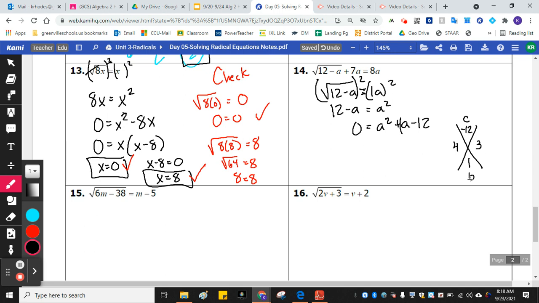One of these has to be negative to add to my positive 1. So the 3 has to be negative. So then in your parentheses, you have a plus 4, a minus 3. Set each one of those equal to 0 and solve. So a equals 3, a equals negative 4.